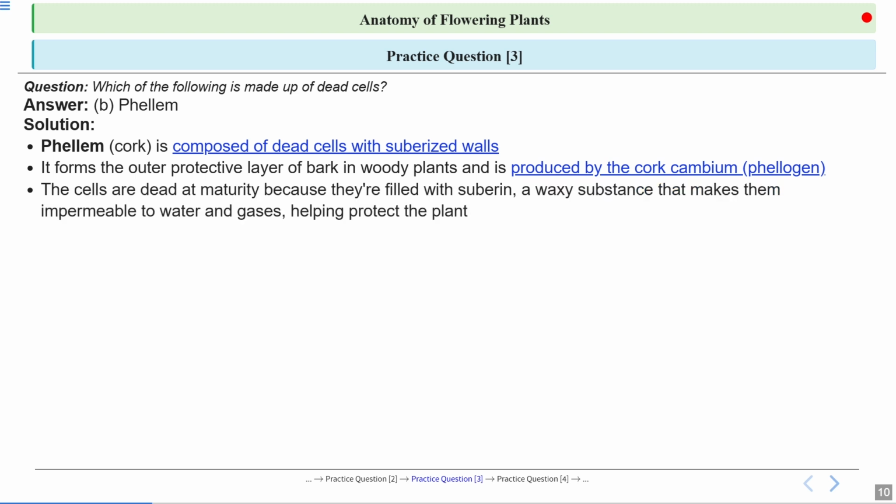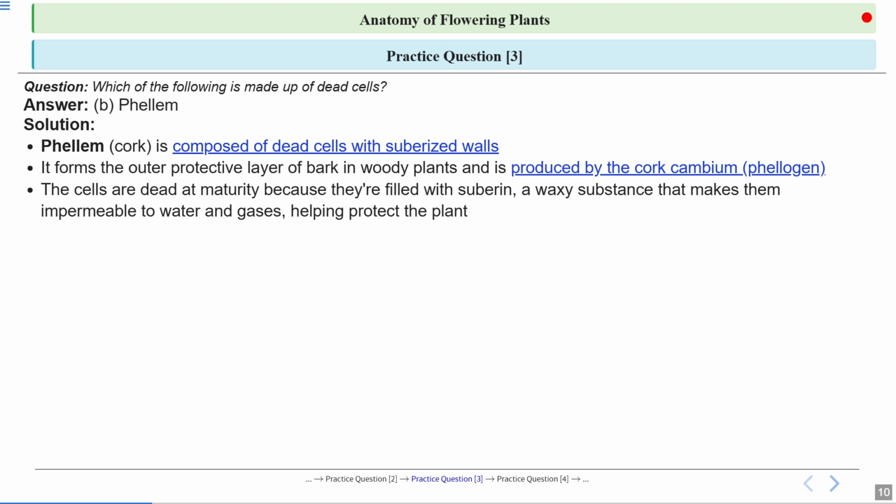The cells are dead at maturity because they are filled with suberin. As they get filled with suberin, they become dead. It is a waxy substance that makes them impermeable to water and gases. Okay? There is a lot of deposition of suberin outward, and it makes the cells such that they cannot exchange gases and cannot take water from the surrounding cells, helping to protect the plant.